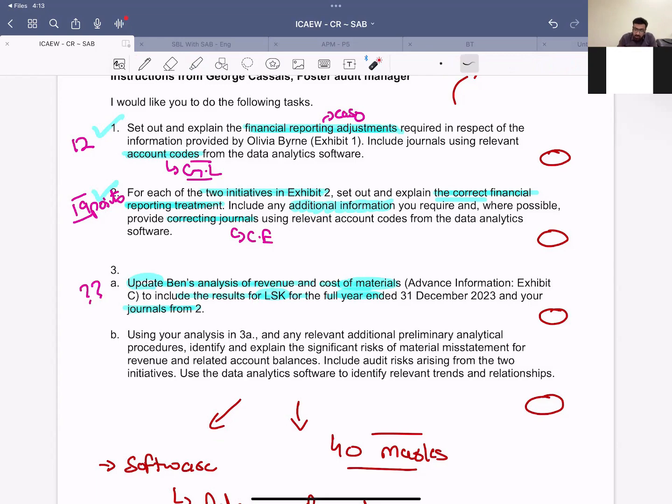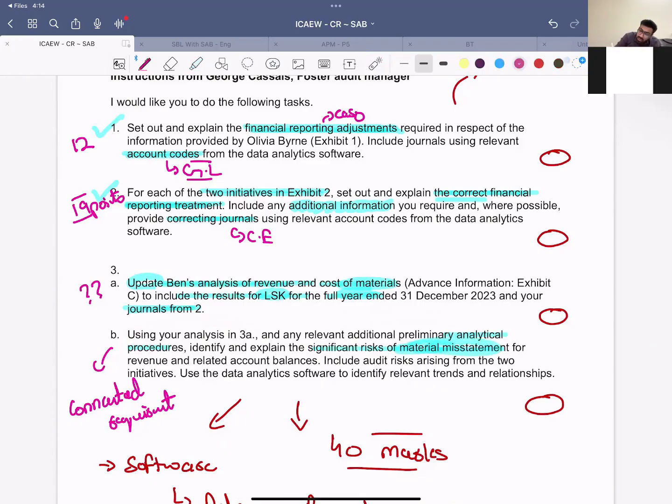Using your analysis in 3A and any relevant additional preliminary analytical procedures, identify and explain the significant risk of material misstatement for revenue and related account balances. So this requirement, I would say, is a connected requirement. Why? In your analysis in 3A and relevant additional preliminary analytical procedures, what we have to do is explain a risk of material misstatement.